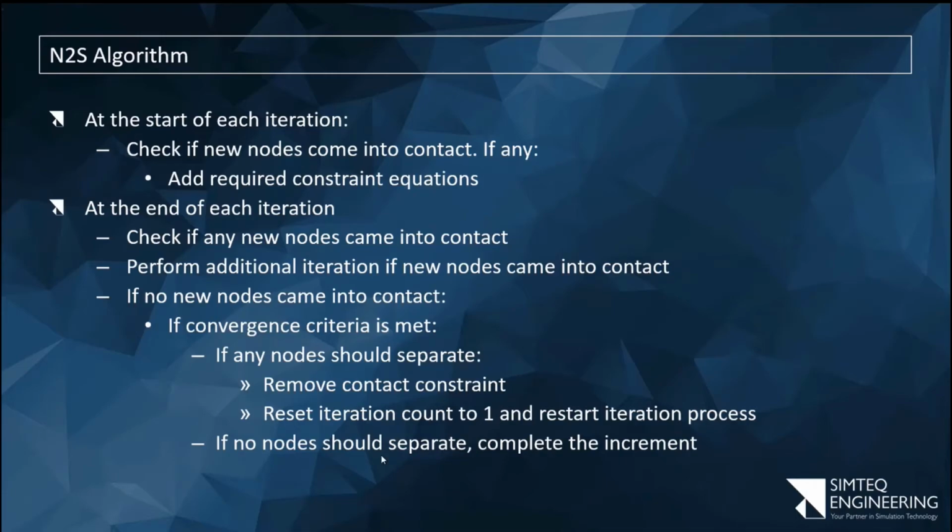So if no nodes should separate, in other words, the tensile force is either insanely small or non-existent, then complete the increment. Complete the increment means write the results, mark it as a valid set of data, and continue to the next step where you increase the load or whatever the case would be, and restart the iteration set.